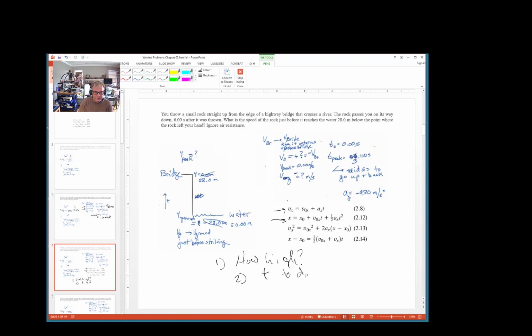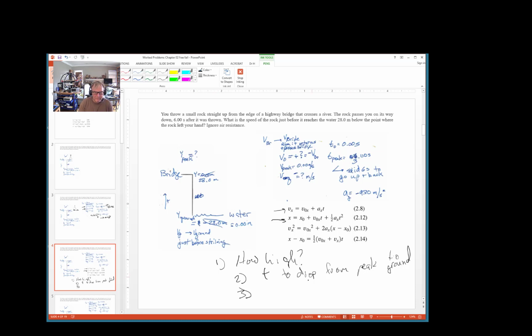to drop from the peak to ground. And then once I had that time, then I could count. Once I know t from the peak to the ground. If I knew t from the top of the bridge to ground, same thing.